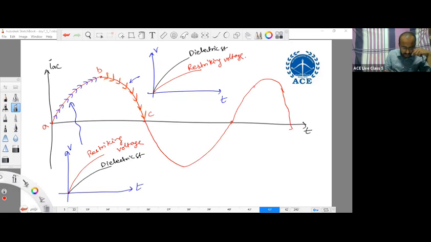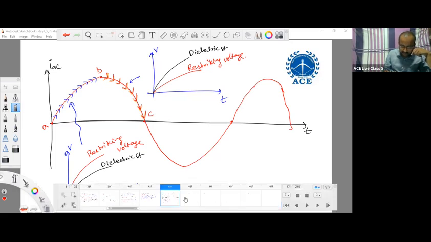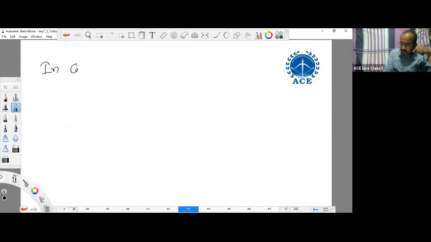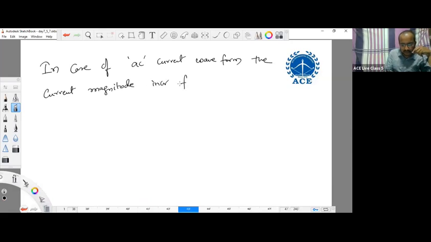So what we can make a note here. In case of AC current waveform, the current magnitude increases from 0 to maximum and decreases from maximum to zero.